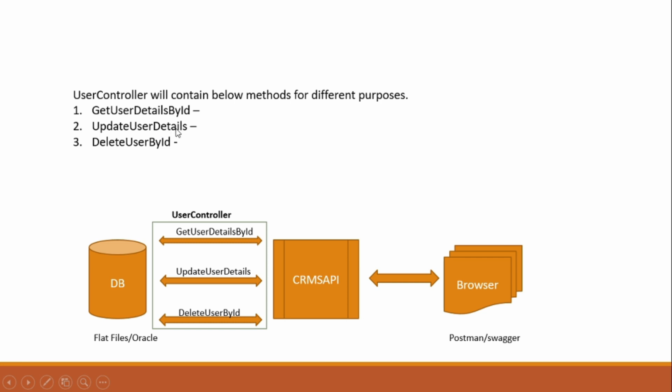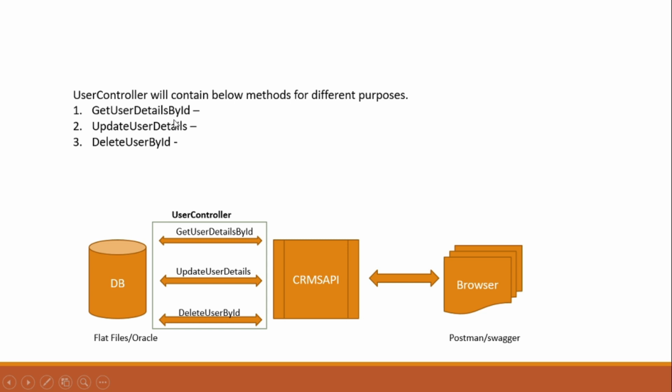In this case also we will be sending some id, and based on the id we will identify the user, and whatever details we want to update, we will update using this API. Delete user by id: in this case we will delete the user by getting that id, and whatever response we get after the operation, we will send that response.